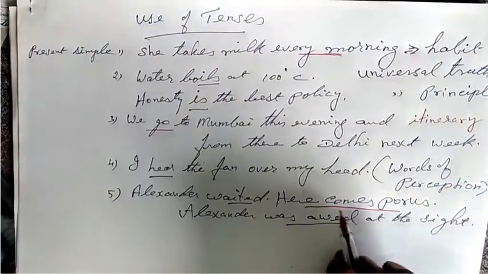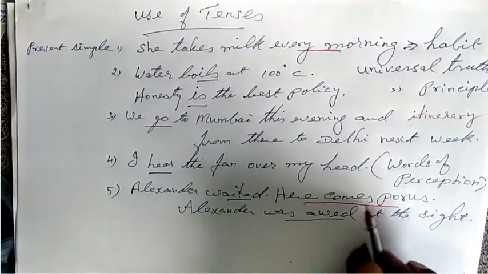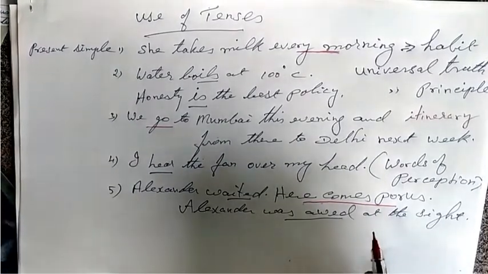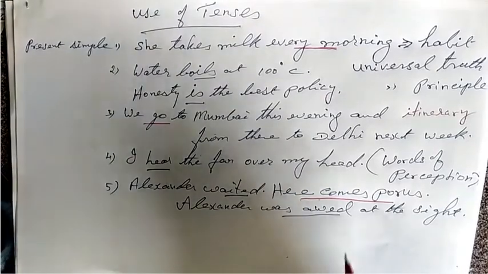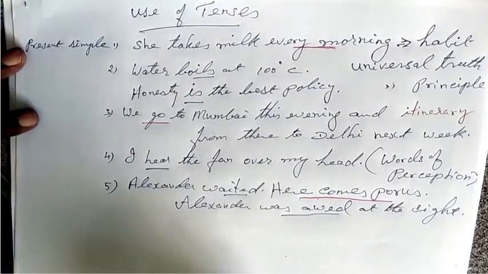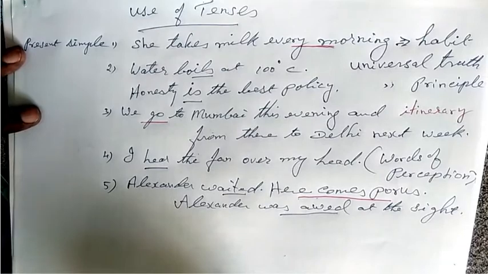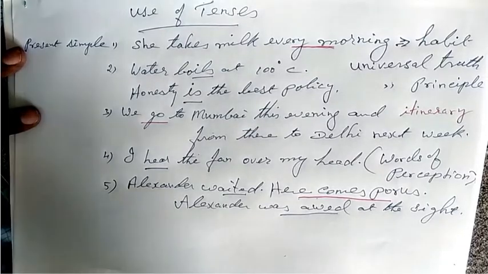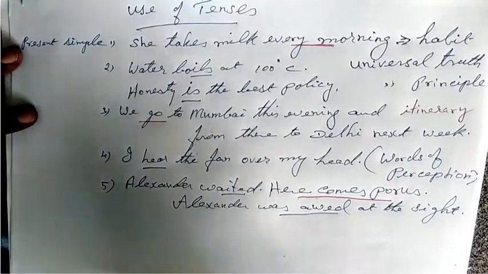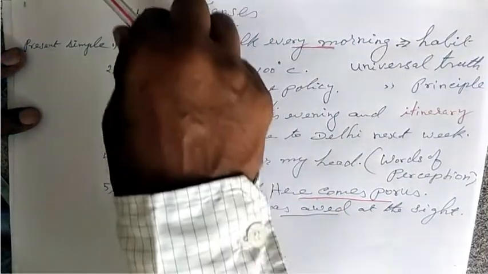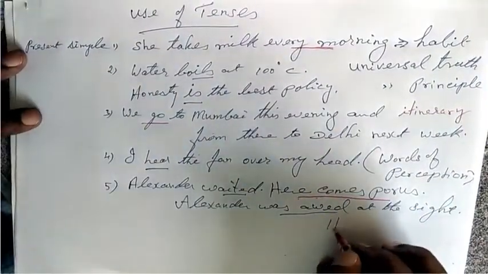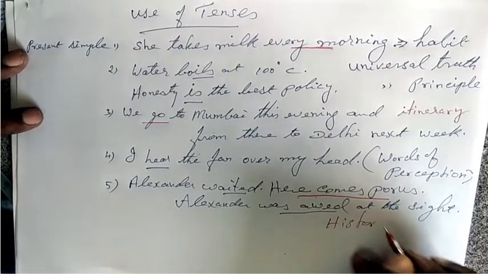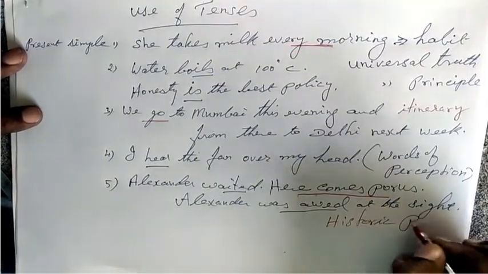And therefore, when I suddenly switch over to present simple tense in a continuous story narration, we call it historic present. Meaning, to make an action more realistic to the listener, we put it in present simple tense. We call that role historic present.